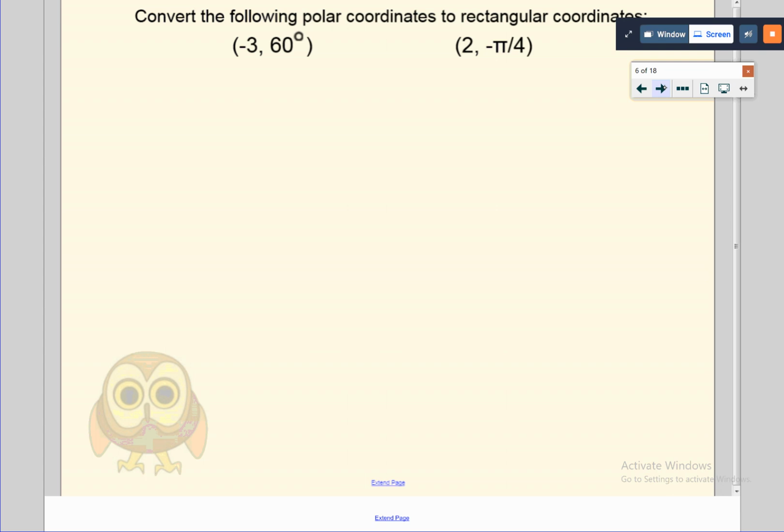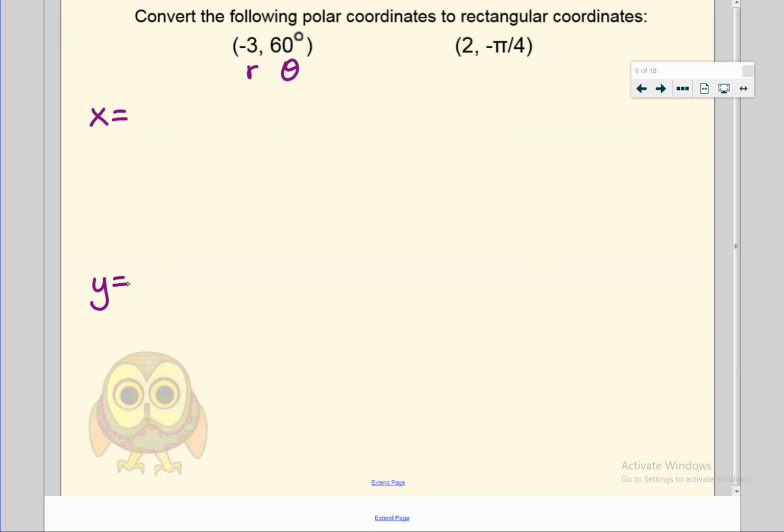All right, so let's do an example. Let's say I want to convert the following polar coordinates to rectangular coordinates. If I'm told they are polar, I have an r and a theta. It could be in degrees, it could be in radians. Your job to convert to rectangular coordinates is solve for the x and the y. And you have formulas that you just wrote down for x and y.